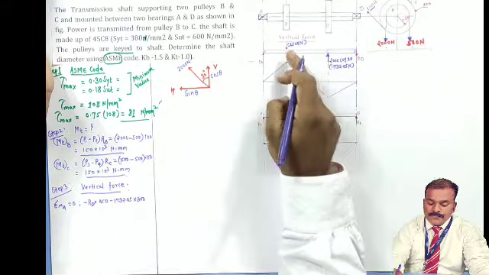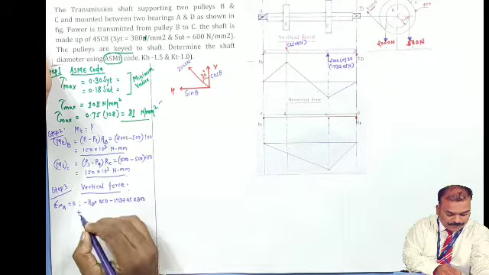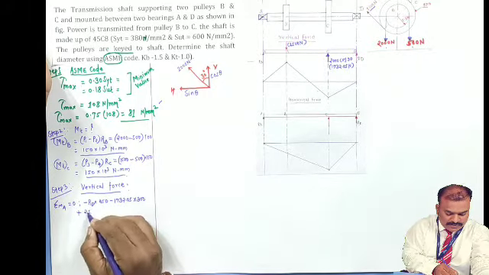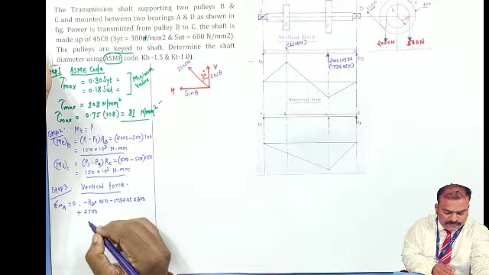Now, this force is there. Moving downward, we have taken upward motion as negative. So, downward is positive, plus 2500 into, how 2500? See, 2000 plus 500, 2500 into 100, which is equal to 0. So, this will be the equation. Unknown is only 1.